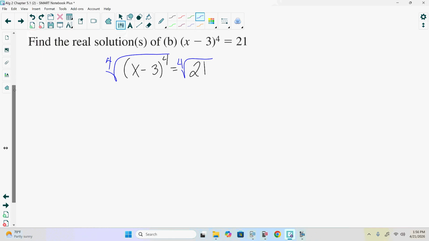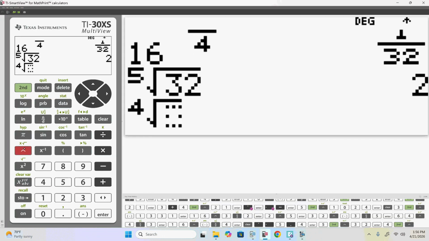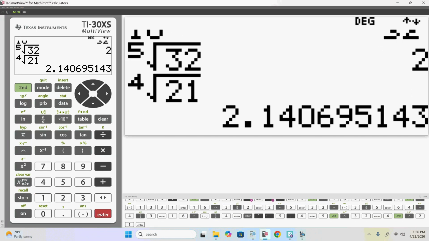which means we can move on to step 2 and apply the nth root to both sides. In this case, we'd be applying the fourth root to both sides because the fourth root and this fourth power would simplify, leaving us with x minus 3 equals the fourth root of 21. The fourth root of 21 is 2.140695143.